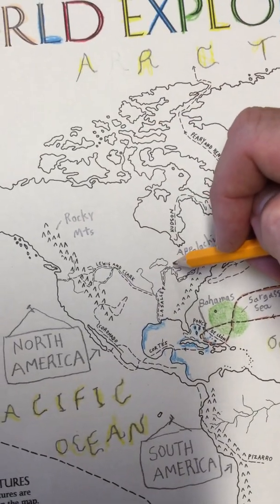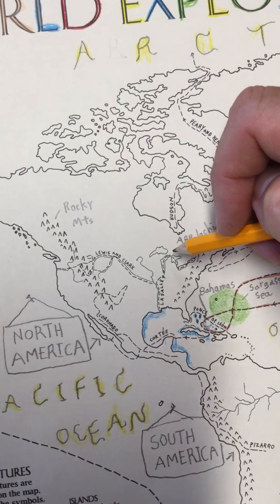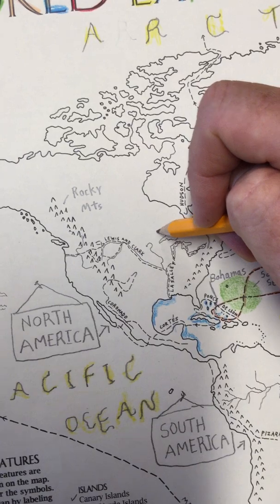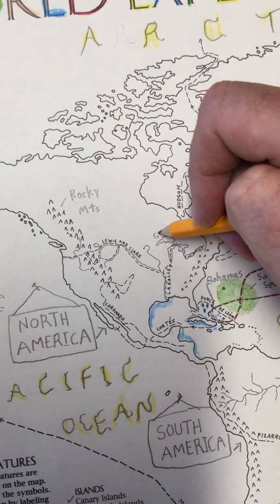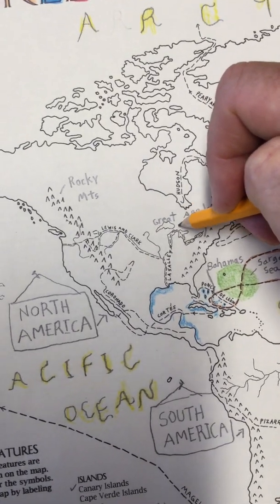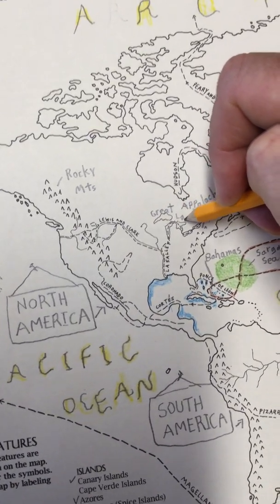I don't think I put this in the list of lakes, but oh no, it is in the list. You can write Great Lakes right here. We won't label them individually. We'll just put Great Lakes. Those are the 5 Great Lakes.